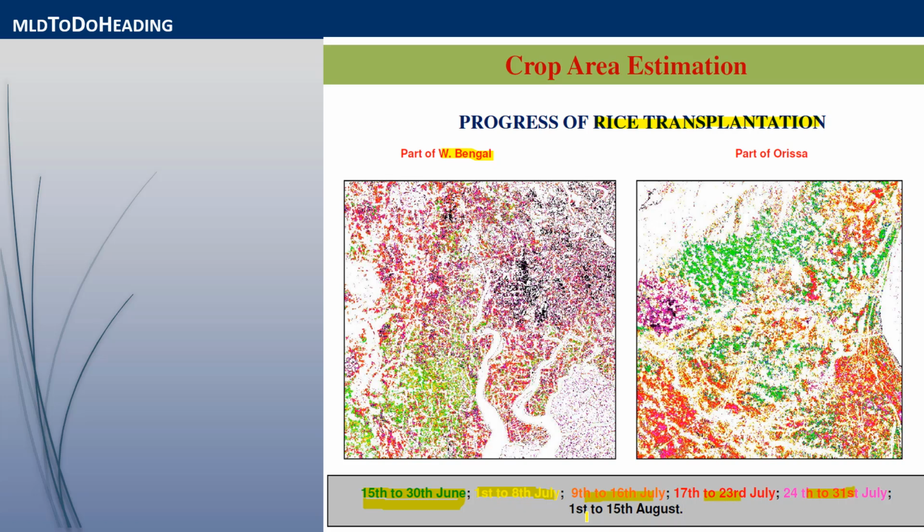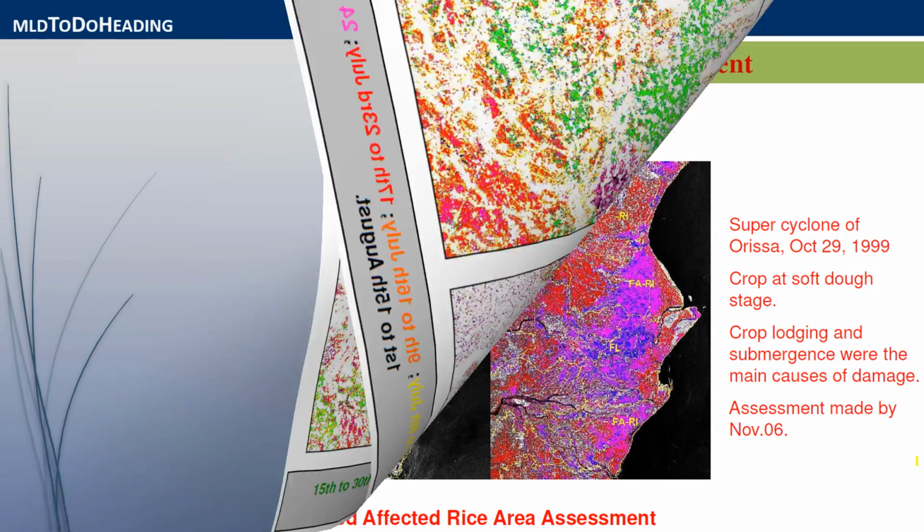Similarly for different time frames, we can see this rice transplantation in West Bengal and in parts of Odisha. We can closely monitor with the help of these charts.